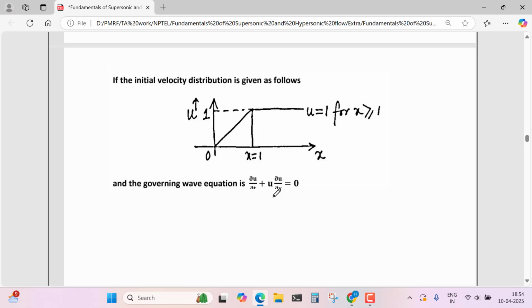So in this problem, we have to tell what kind of wave formation will occur after some time.